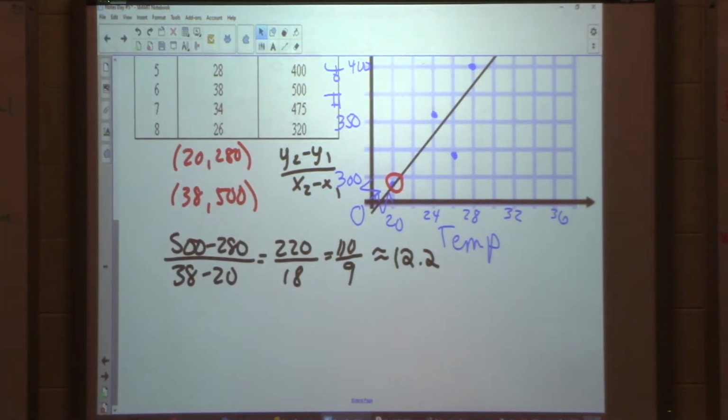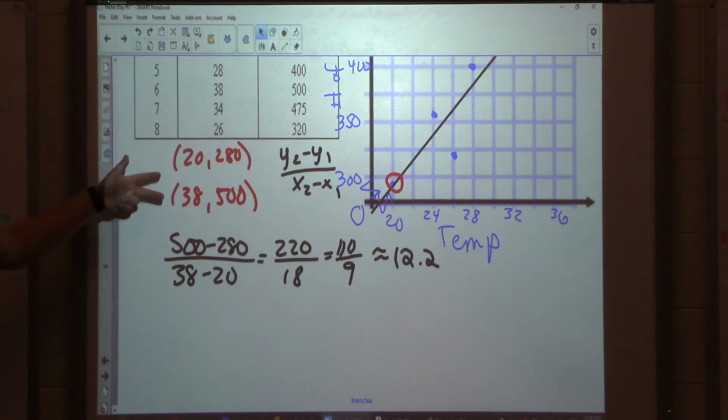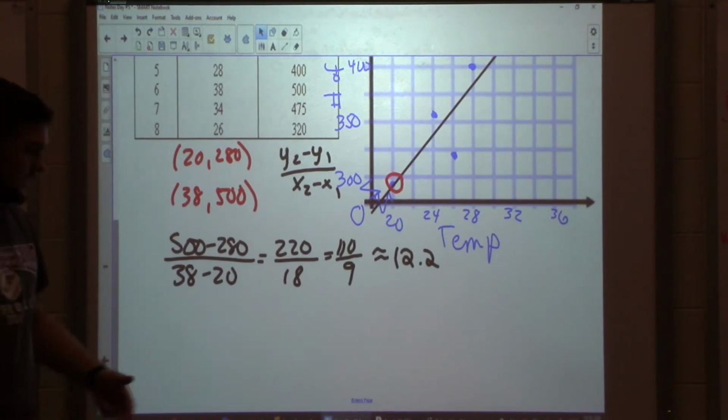We said we need either a y-intercept or a point to make a line. Do we have either of those? Hey, what did we just use to find our slope? What are these called? Points! So do we have a point that's on our line? Yes, we got a couple of them, right?